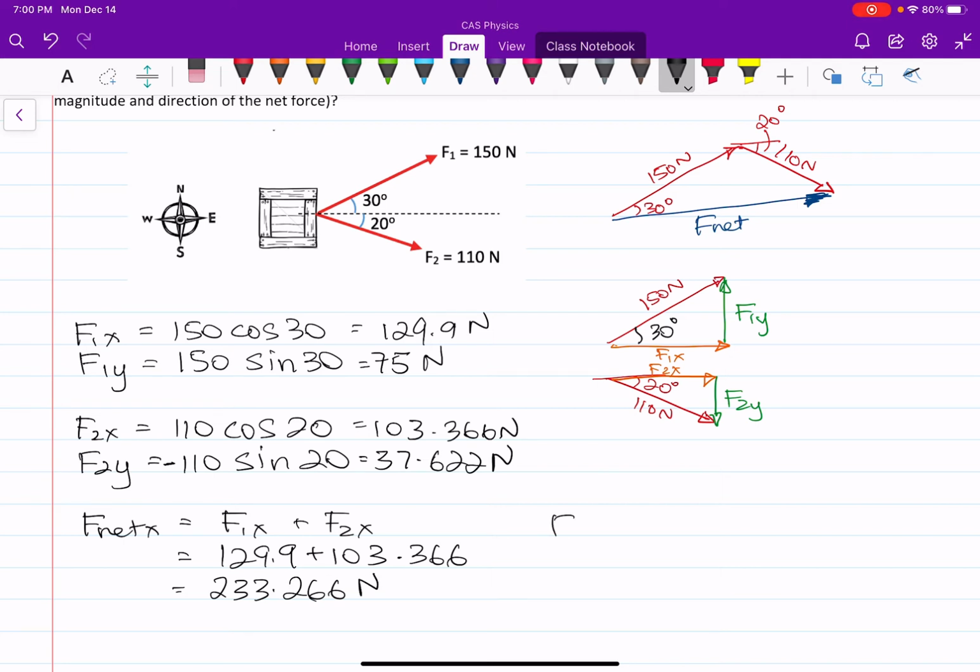All right, and then F net in the y direction. We're going to subtract, but you can think of it as adding the negative.